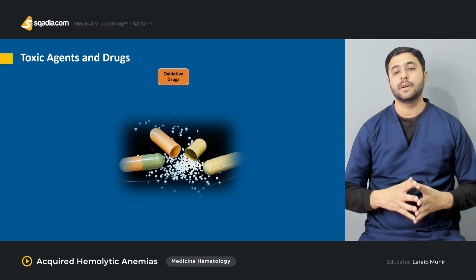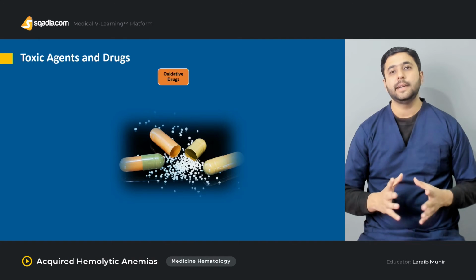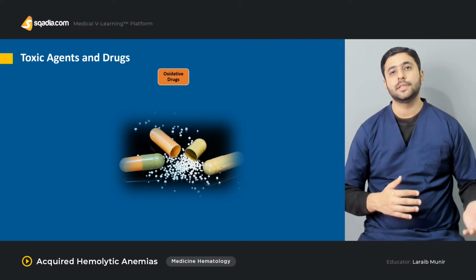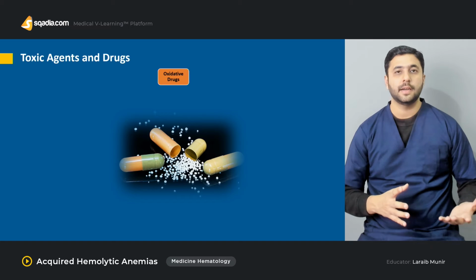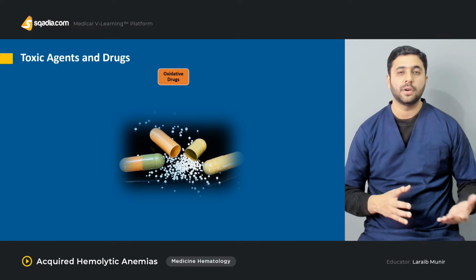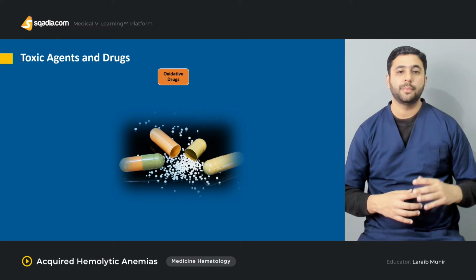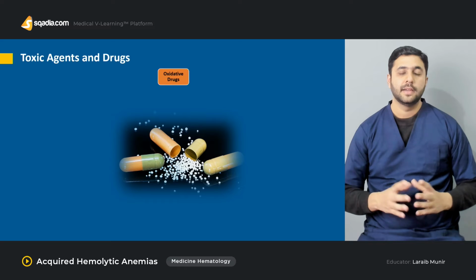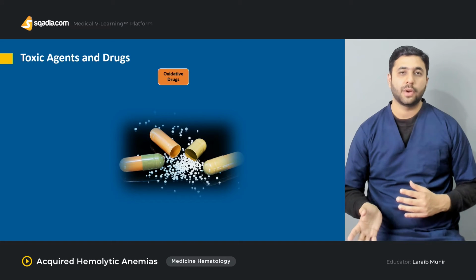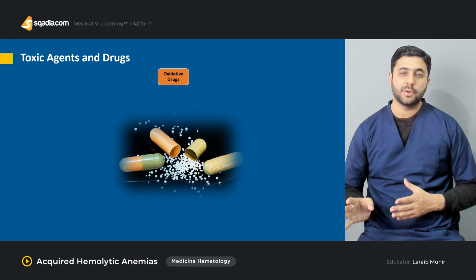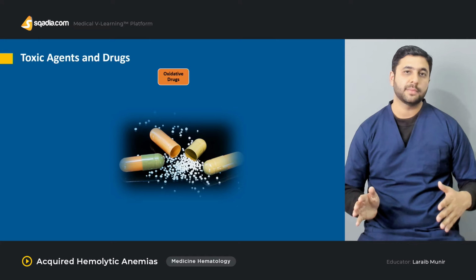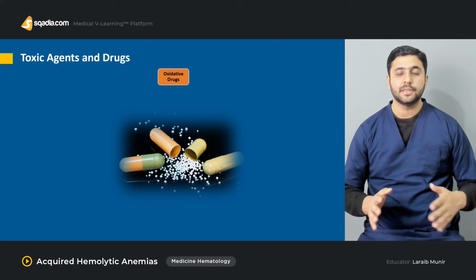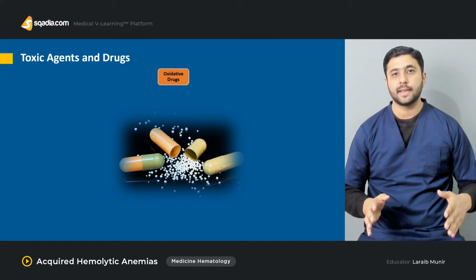These oxidative drugs basically lead to RBC damage outside of G6PD deficiency. G6PD deficiency, as we talked about, leads to the formation of oxidized hemoglobin, which can be destroyed, but this mechanism of destruction of the RBCs is different from the G6PD deficiency mechanism.